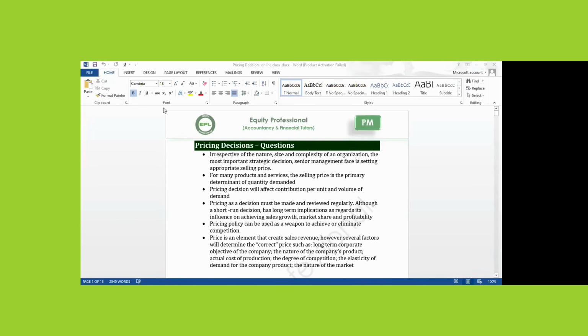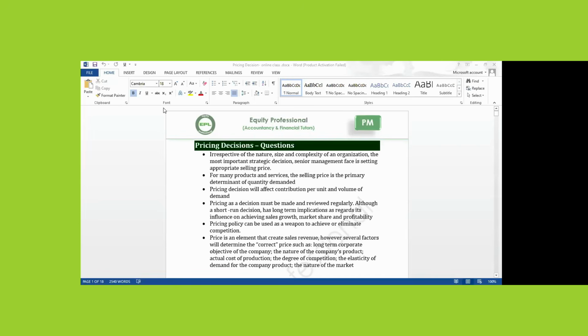Your objective will affect your selling price. Number 2, nature of the company's product. Nature of your product will affect price of your product.